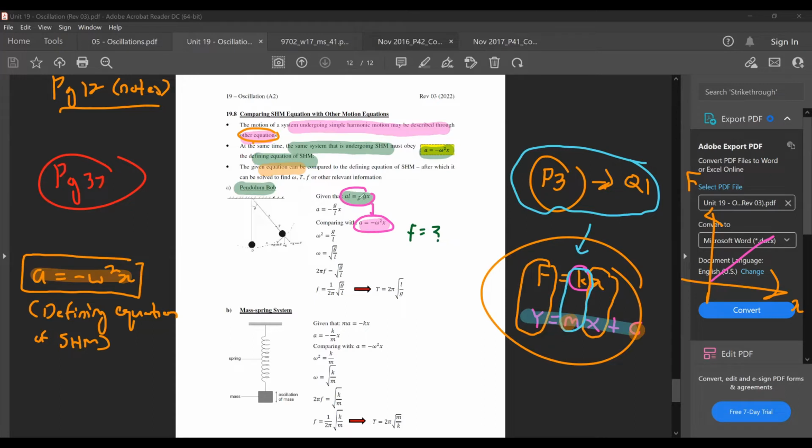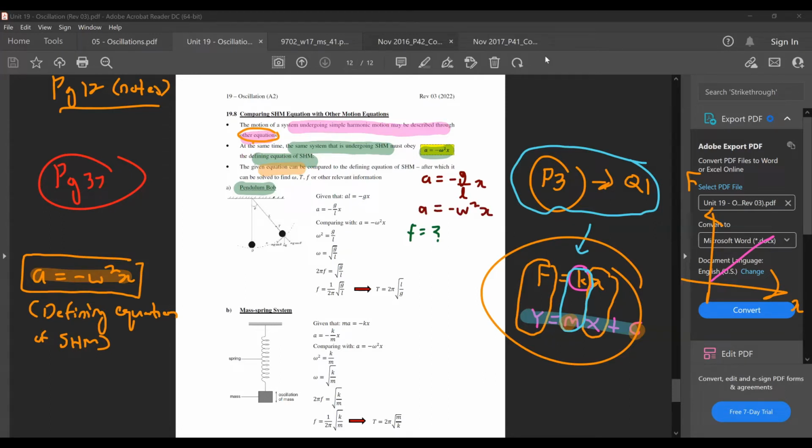If I change the given equation such that its form matches the defining equation, it will look like this: a is negative g over L times x, and the defining equation is a equals negative omega squared x.